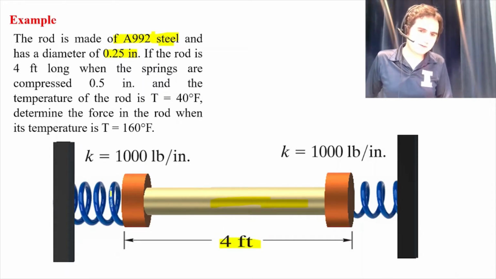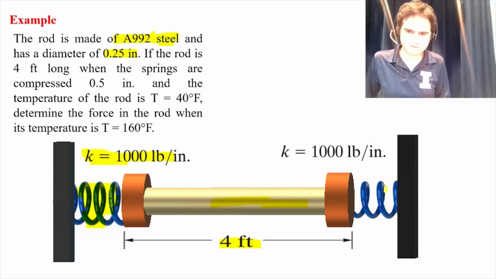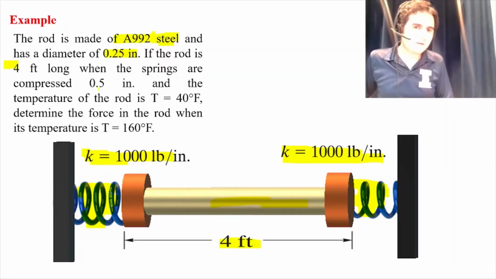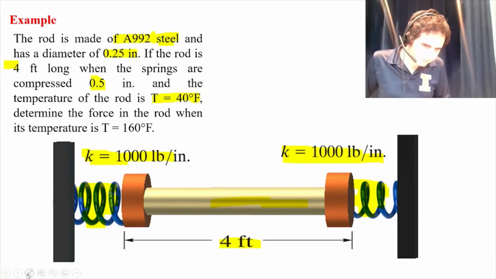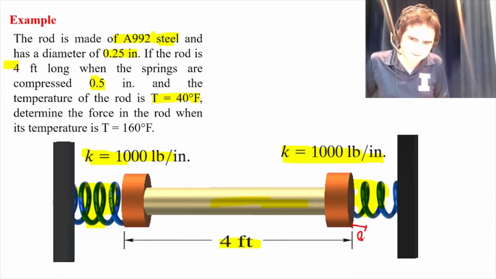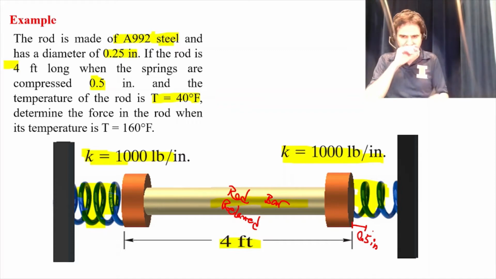Before the fixed support, this time we have two springs with a k of 1000 pounds per inch. At a temperature of 40 degrees Fahrenheit, there is a small compression inside each spring. So when the rod is relaxed or at rest, there is 0.5 inch of compression inside the spring.